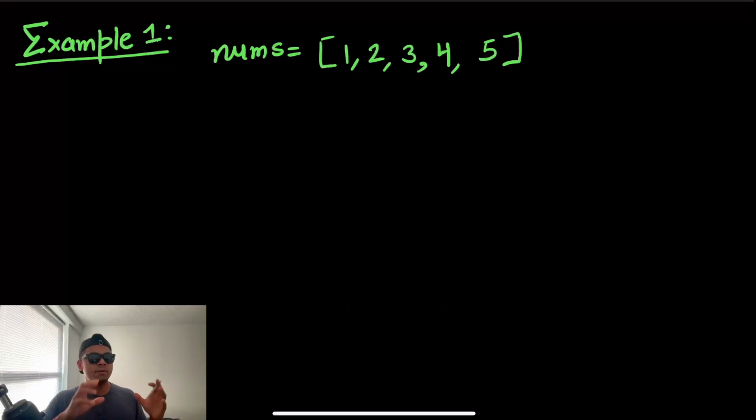If both neighbors are greater than this element, then their average will always be greater than the value that we are trying to compare it with, right?